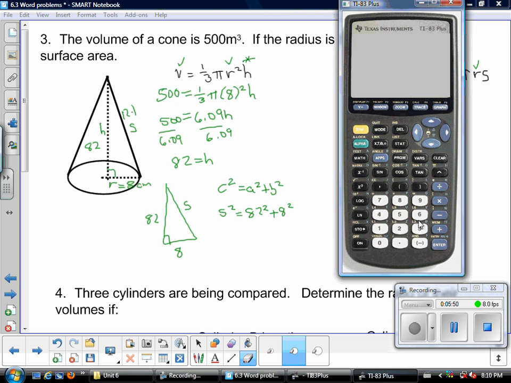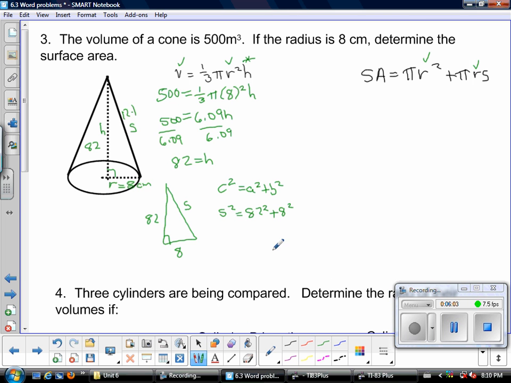So clear. 82 squared plus 64 equals, that looks better, 6788. Okay, and sometimes you can catch yourself making mistakes like that. I know that the hypotenuse has to be the largest side. That's why it didn't make sense that I put down 12.1.